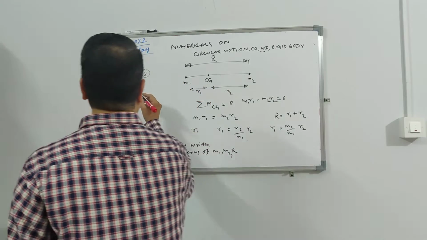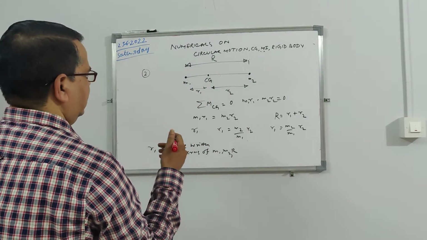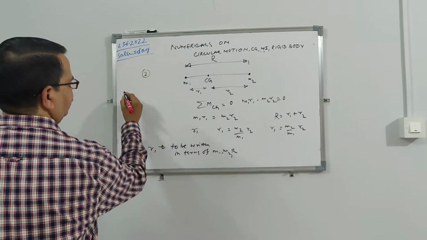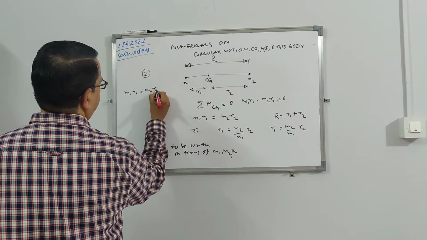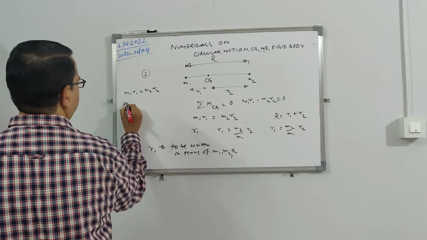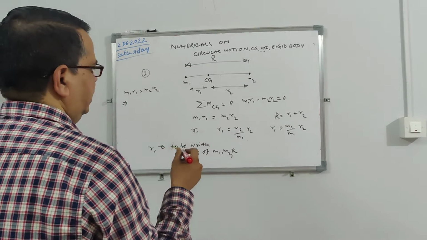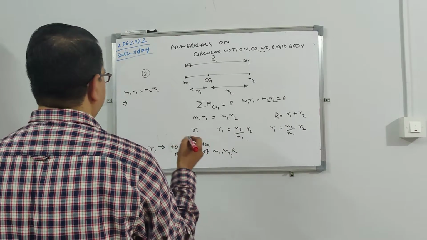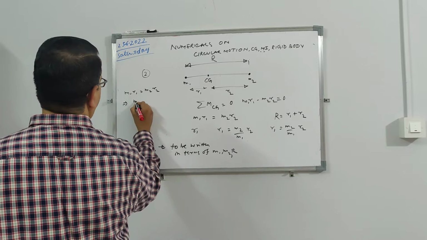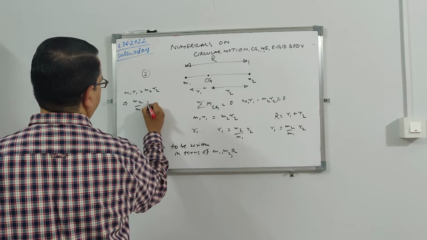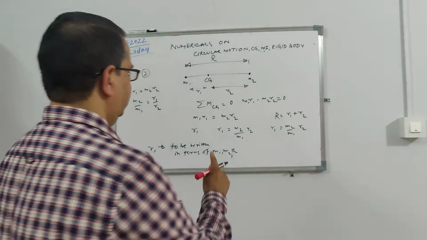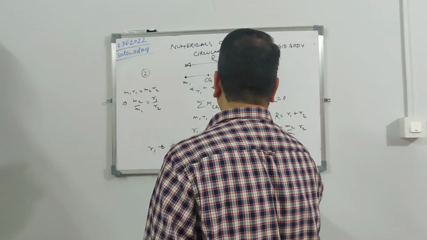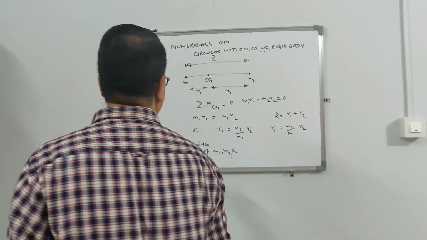See this R1. So we know M1 R1 is equal to M2 R2, right? That implies M2 by M1 is equal to R1 by R2, right?